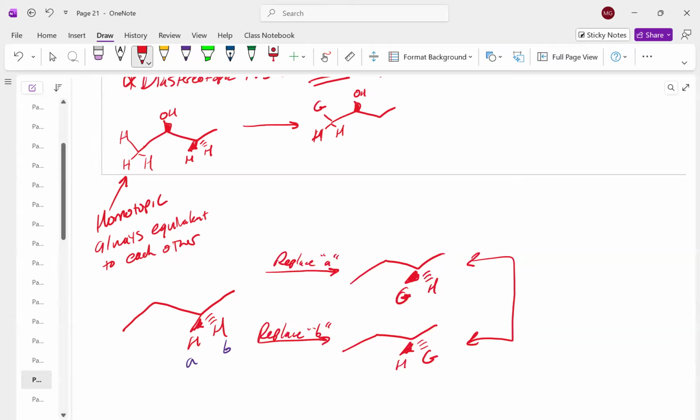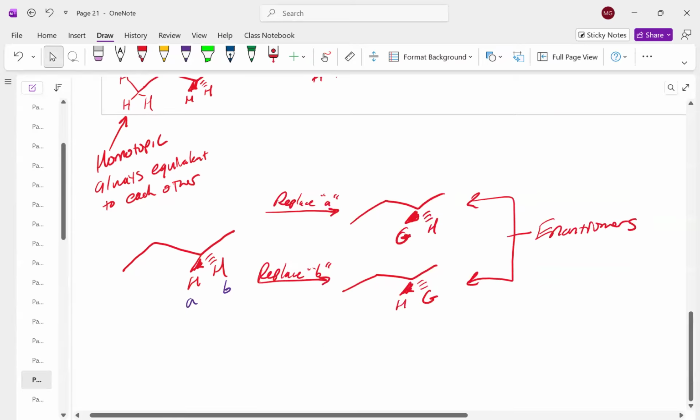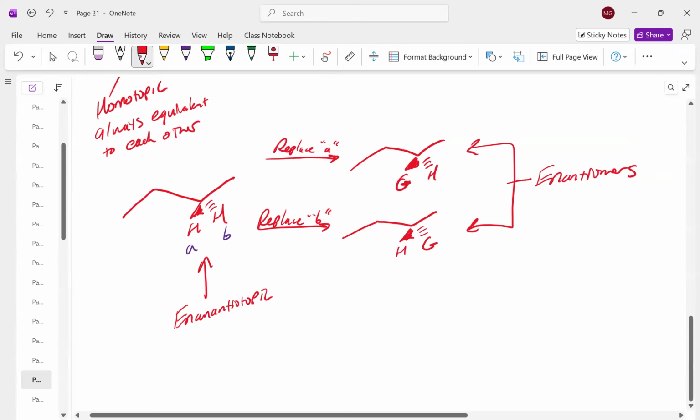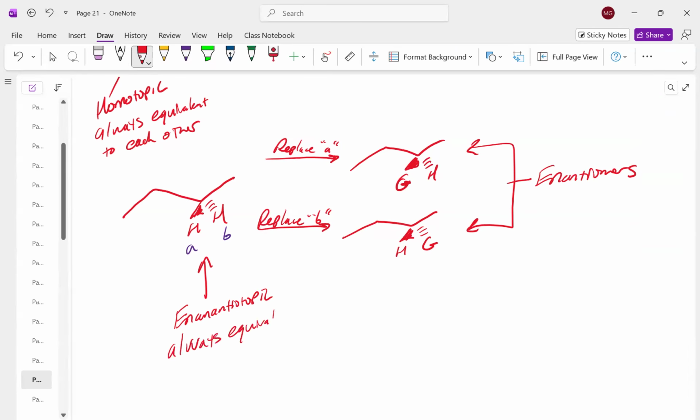And what do you notice about the relationship between those two compounds? They are enantiomers. So we call those two hydrogens enantiotopic. And the end result is that enantiotopic hydrogens are always equivalent.